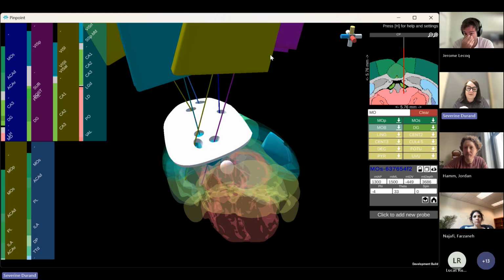We've been very good at targeting, but we should also expect some variation, and sometimes maybe some target won't be recordable. It depends on how these areas are in individual mice. But this is the best estimation we can do of which areas we can cross with each probe. Okay, that's cool.